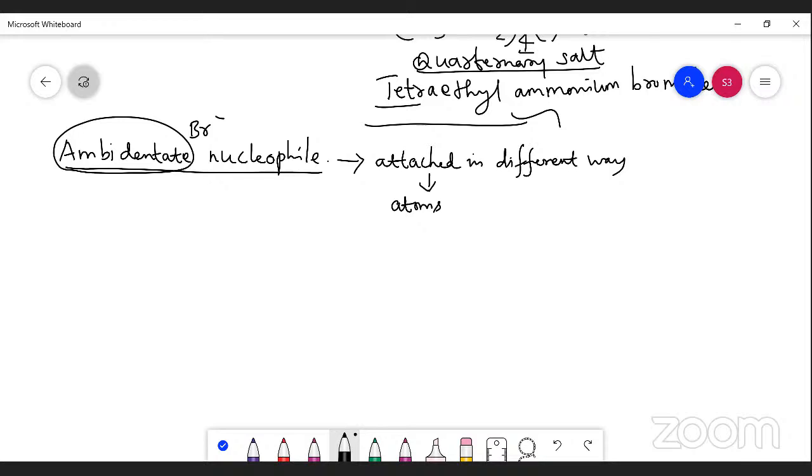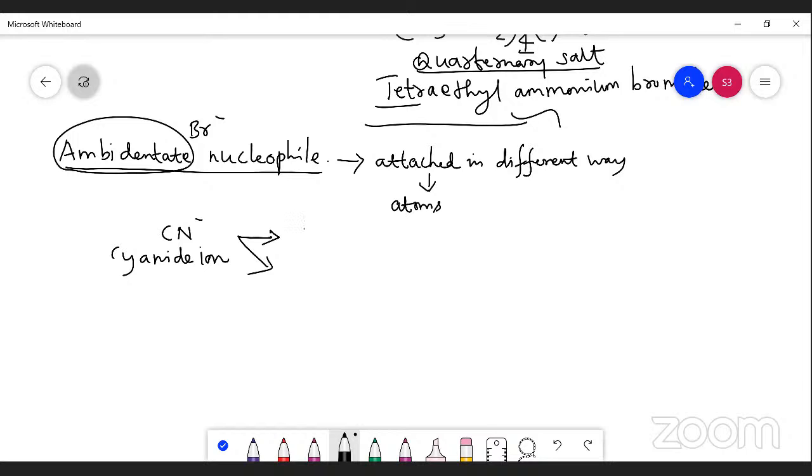For example, an ambident nucleophile example is CN minus. Usually we know this is a cyanide ion. The name of the nucleophile is what? Cyanide ion. In that cyanide ion, if I add this to any reactant molecule, it can attach in two ways.